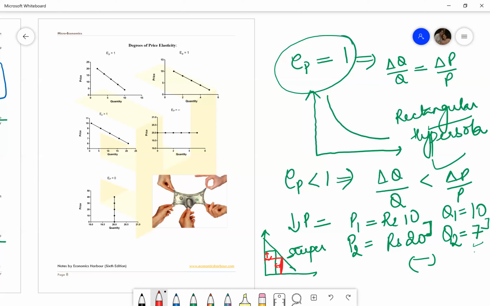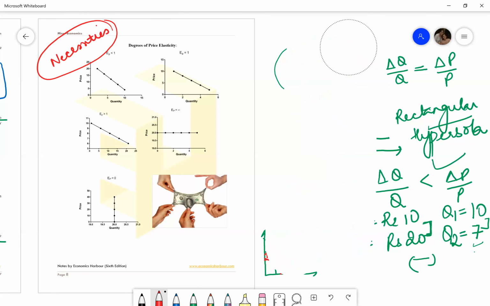And this is mostly the case of necessities: you will consume the commodity, you'll lower your consumption, or you will try to save more and prolong the use of the commodity, but you'll still consume it. So the best example here is necessities.